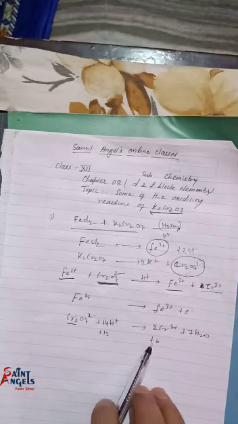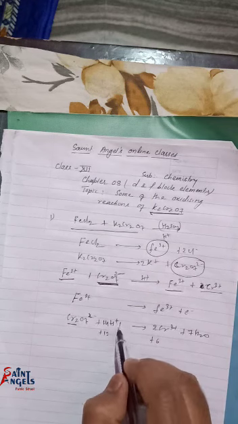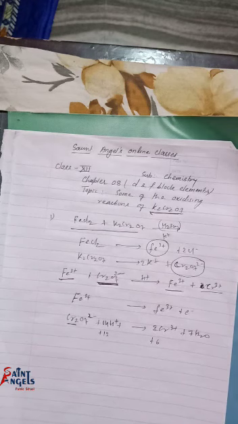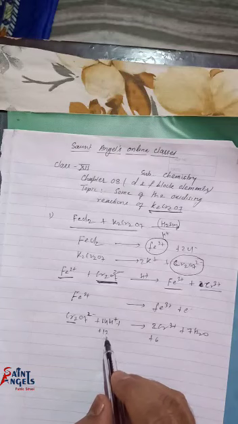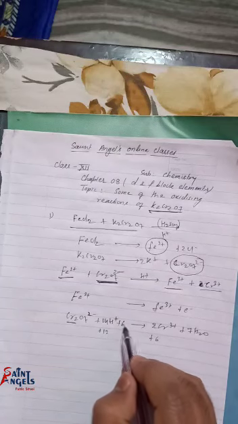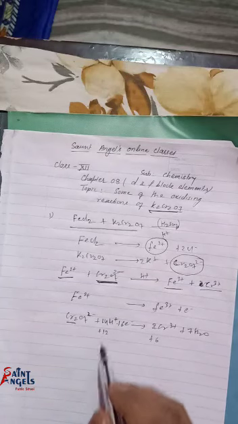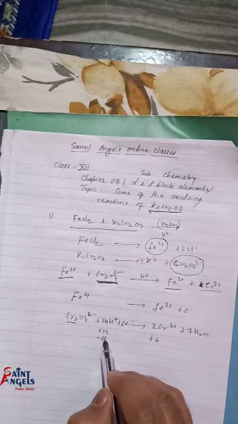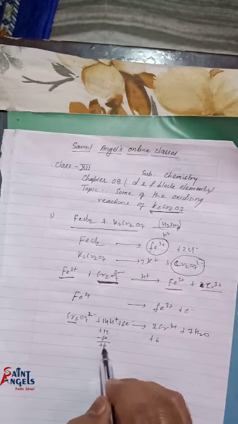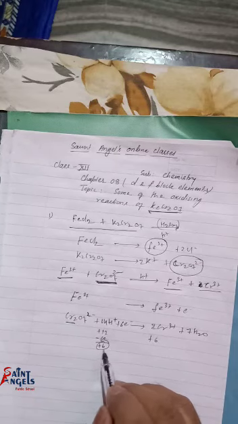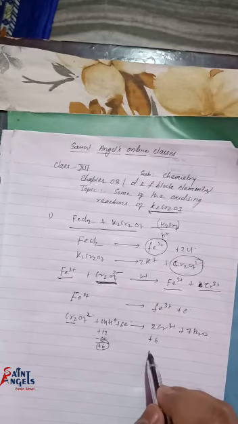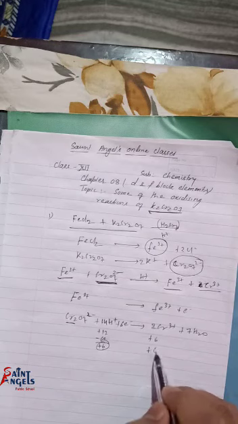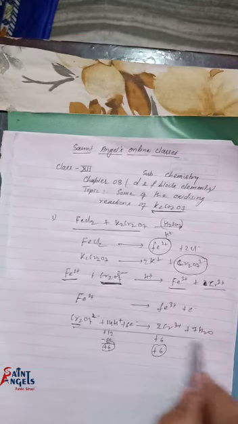Now you have to balance, so you place electrons here, 6 electrons. After subtracting the 6 electrons, it will be 6 positive charge on both sides. So this equation is also balanced.